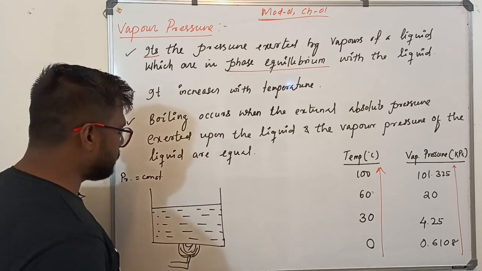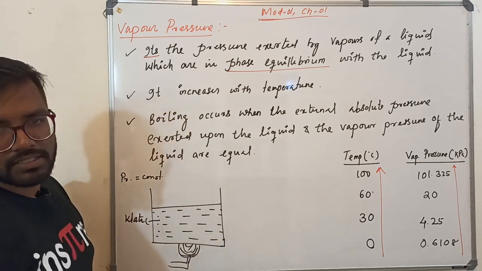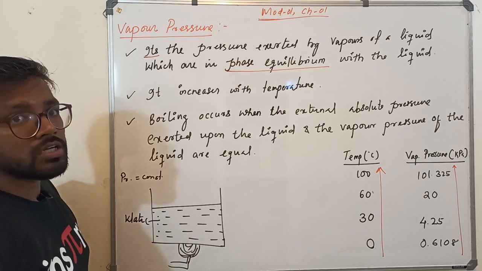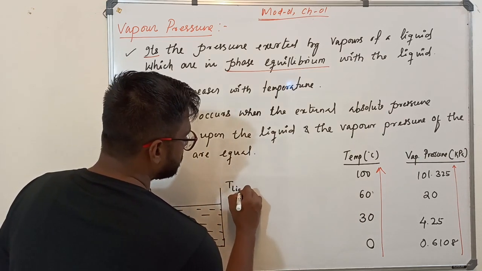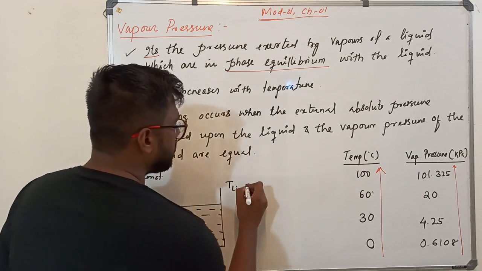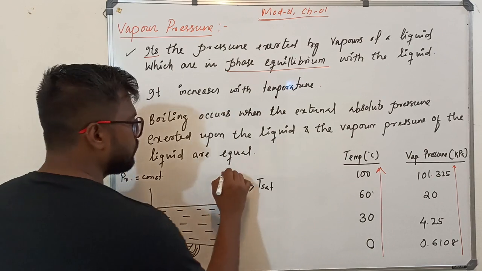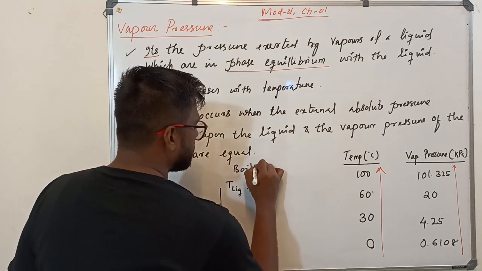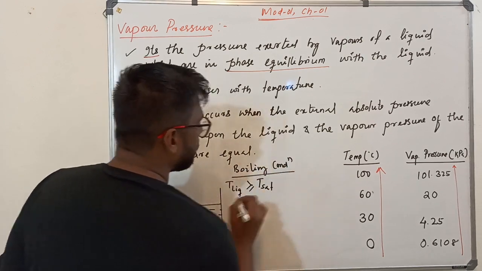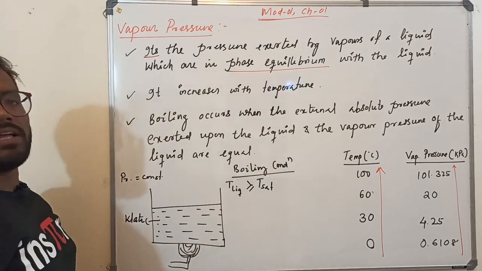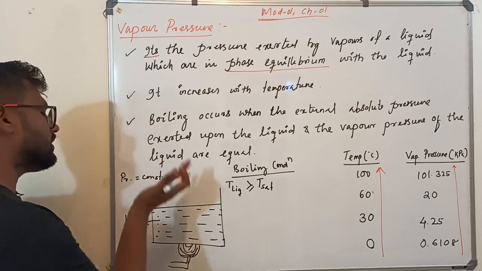We know water boils at 100 degrees Celsius. When the temperature of the liquid is greater than or equal to its saturation temperature, we say the boiling condition has been reached.